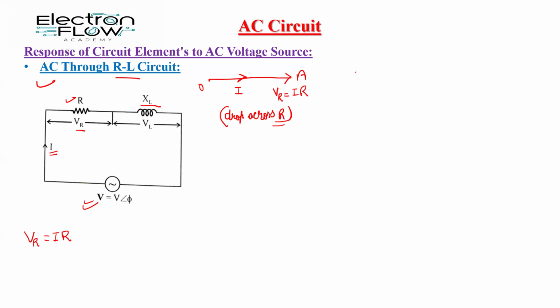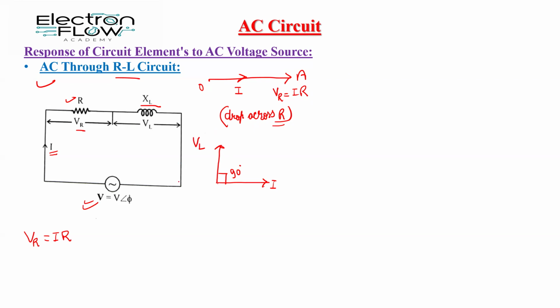0 degree. And if I talk about the voltage drop across the inductance, the phasor diagram will look like this. This is our current and this is our voltage, VL.